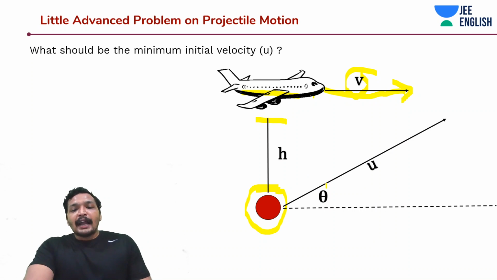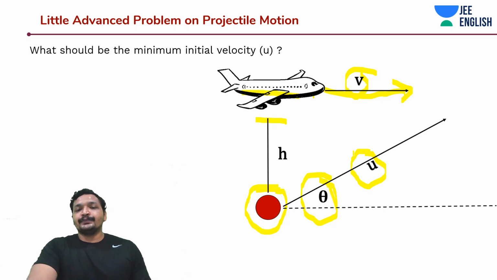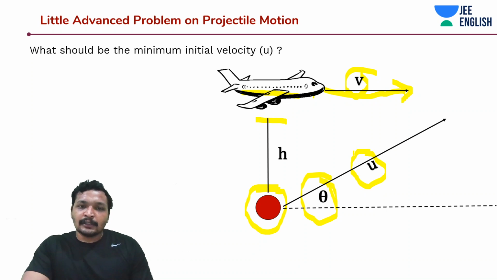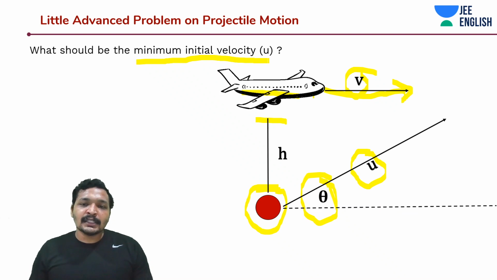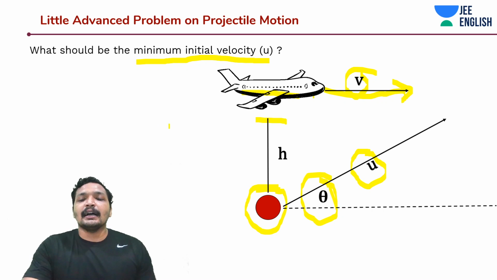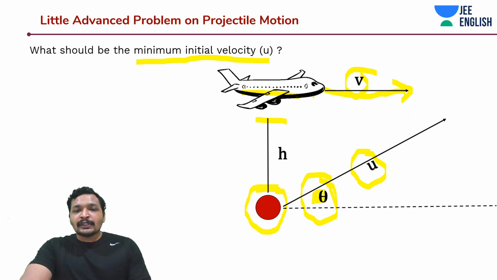And now I need to project the ball at some angle theta and at an initial velocity u. Guys, notice one thing carefully in this problem. We are not talking about theta, we are talking about the minimum initial velocity. So you must have got a clue from this that we may be able to eliminate this theta. Okay? So what do we do now? We know something. So the plane is traveling at velocity v.